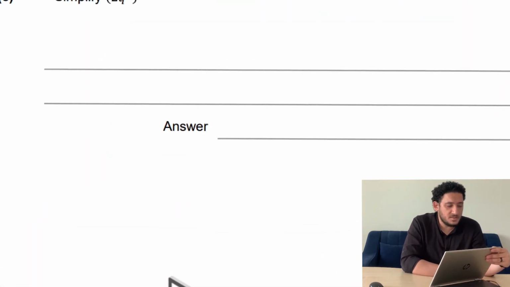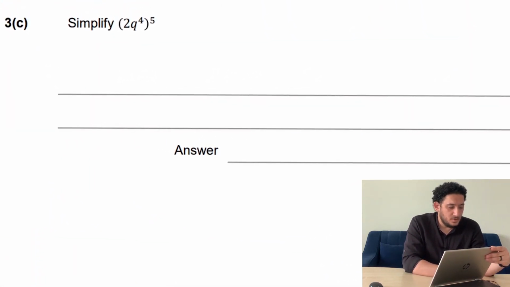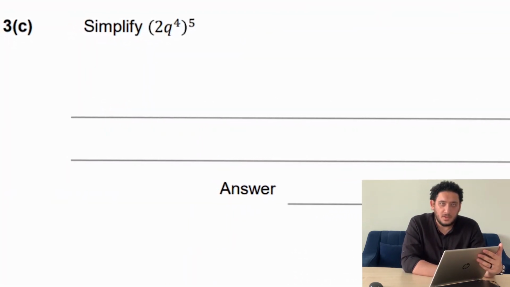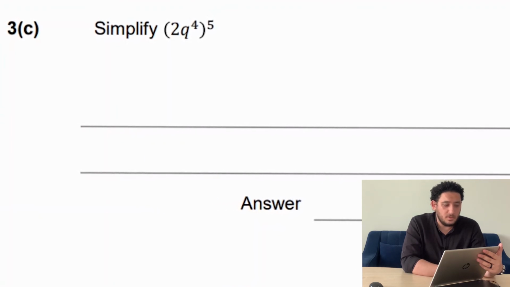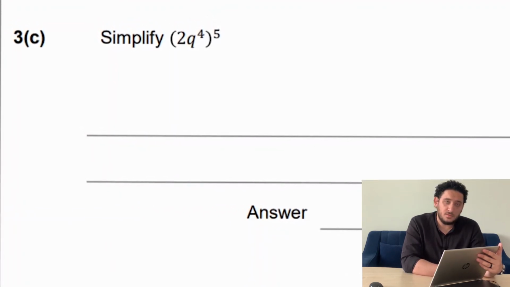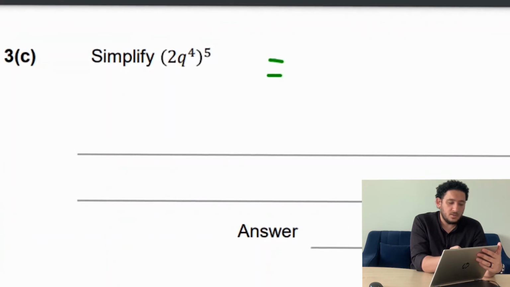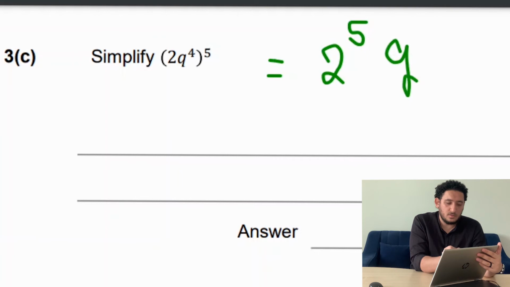So here in this case, if we have 2q power 4 all power 5, then this power will be distributed above 2 and above q. So we can say it equals 2 power 5 multiply q power 4 multiply 5.